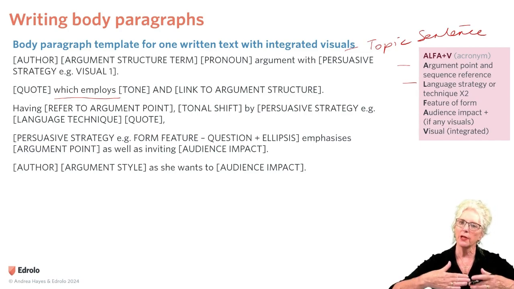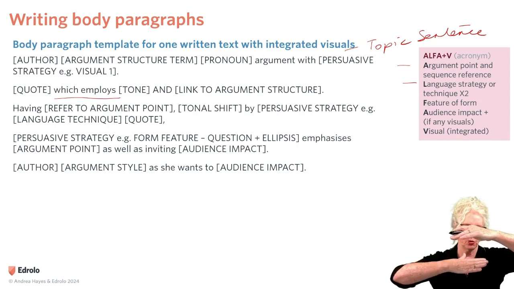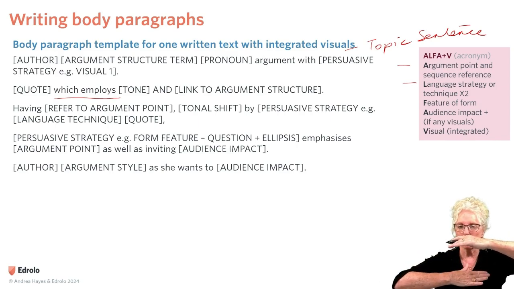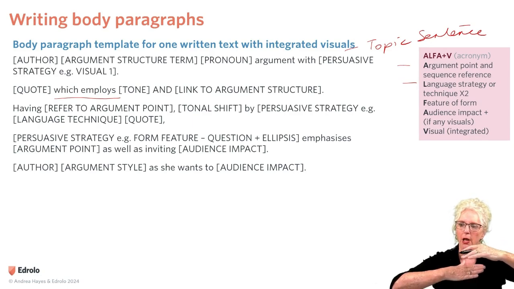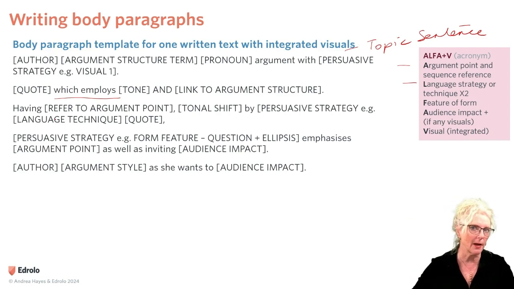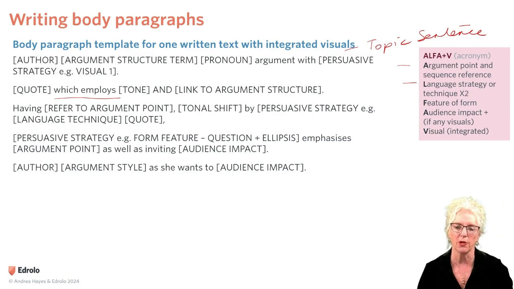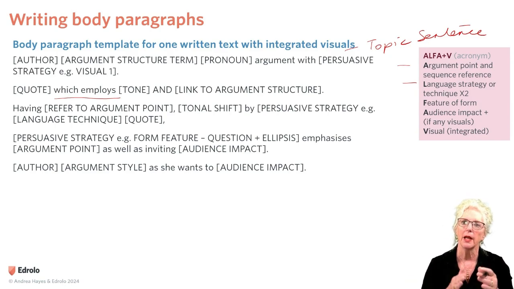And then once you've already done that, especially if you've got two argument points of structure in one paragraph, you can usually say, having already established this point, then maybe there's a tonal shift and it moves on to something else and more persuasive strategies. Basically, you always have your argument point, strategies supporting them or feature forms, and audience impact.